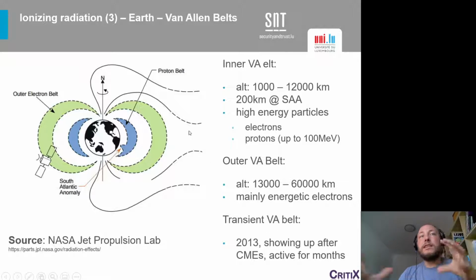And the density of trapped radiation changes over time, changes with the sun's activity, but sometimes, subject to very strong coronal mass ejections, another one can be created, a transient Van Allen belt, which can affect satellites, depending on where it shows up.